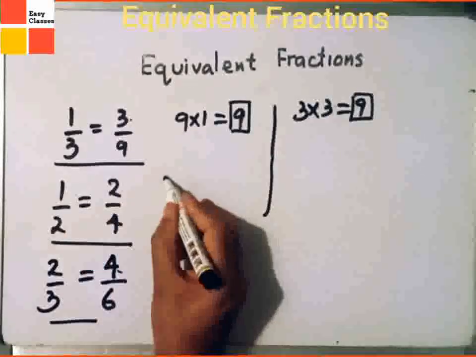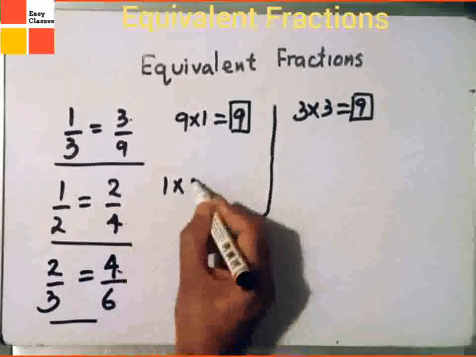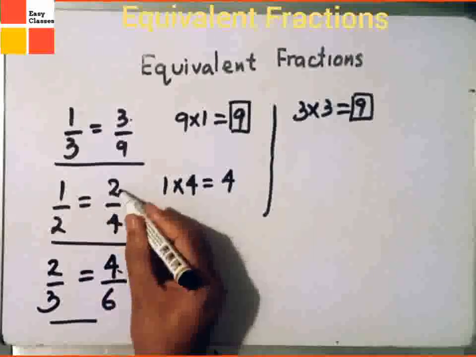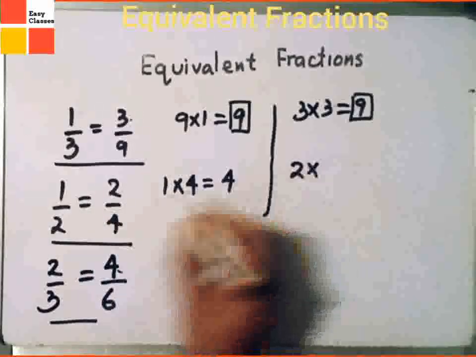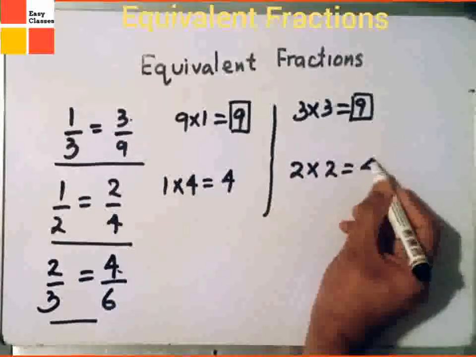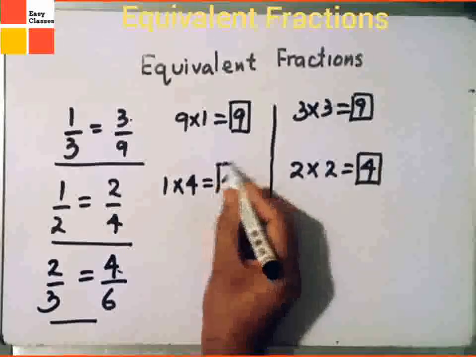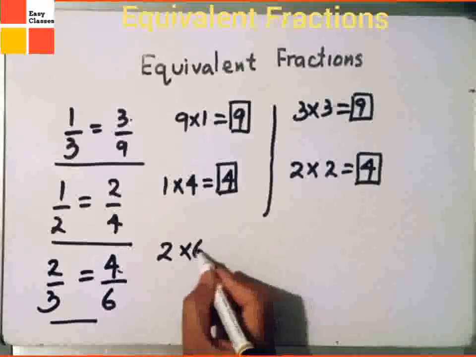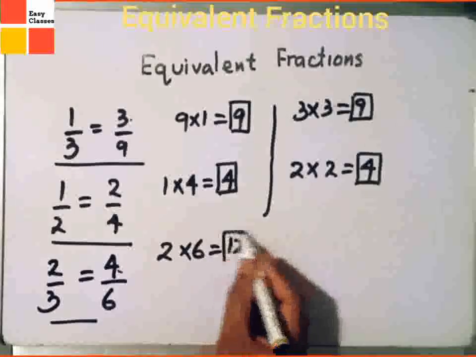Okay, let's try here. Numerator of the first, that means 1, times the denominator of the second fraction, 4 1s are 4. Numerator of the second, denominator of the first, 2 2s are 4. This is called the cross product. Numerator of first and denominator of second, right?